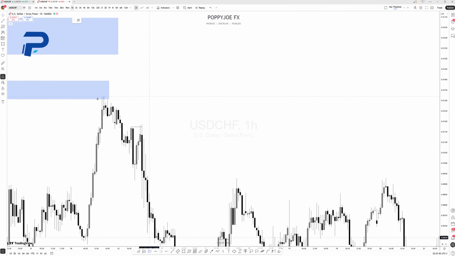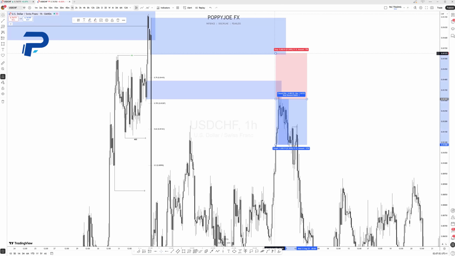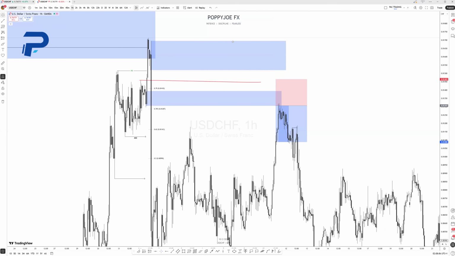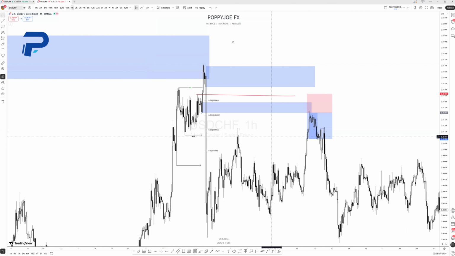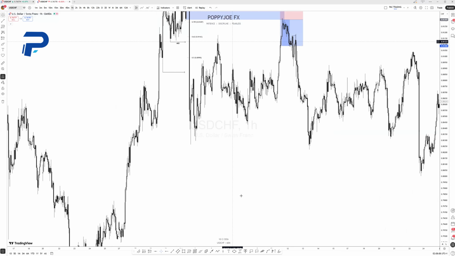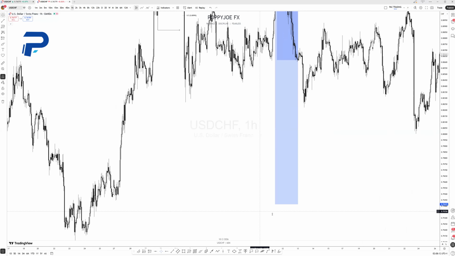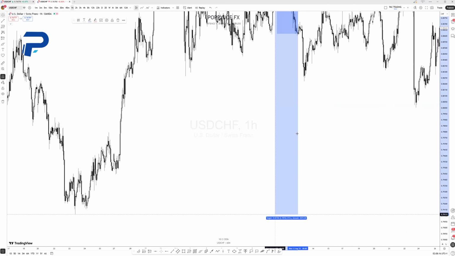Entry placed here, and my stop loss placed above this particular neckline. Look at this: up, down, up. That's the breaker pattern for me there. And my TP will be placed at, of course, the previous low of the trend. That's the target.